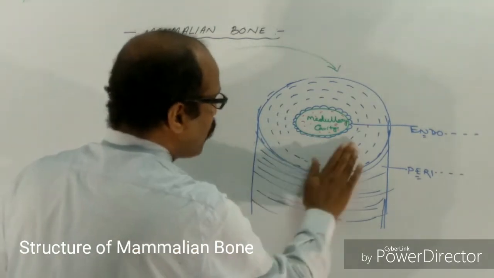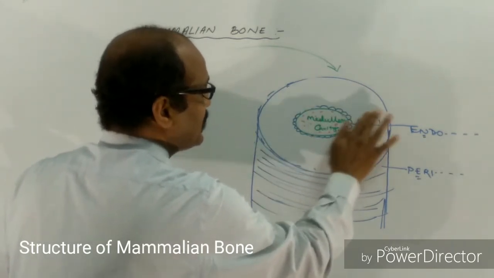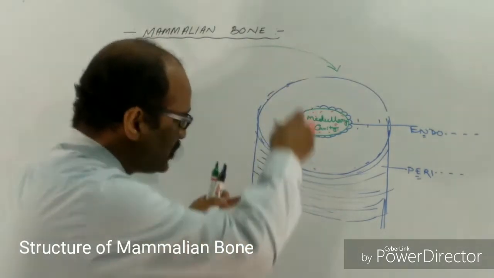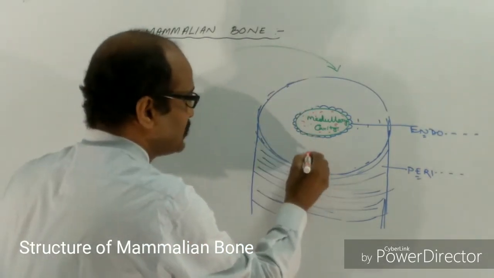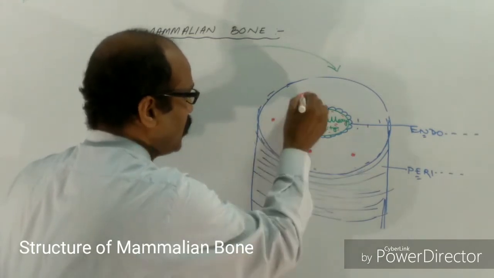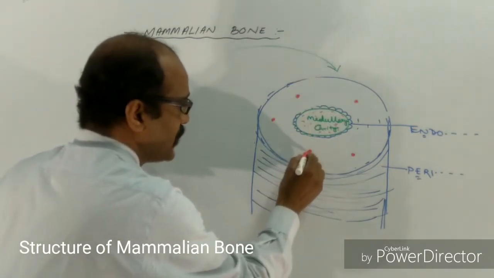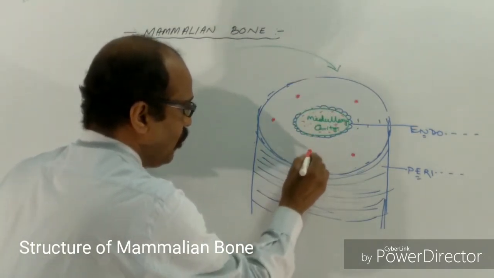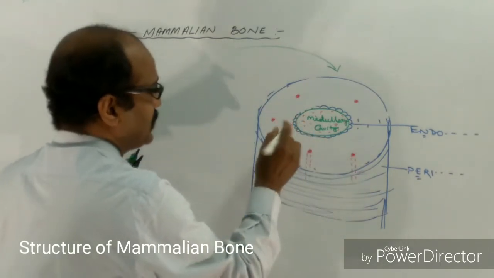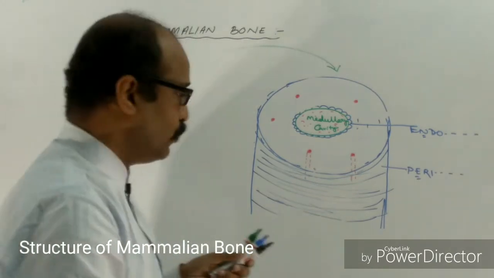But in case of mammalian bone, there are longitudinal canals. Suppose this is one longitudinal canal, this is another, this is another, and this is another longitudinal canal, and such longitudinal canals run parallel to the long axis of the bone.